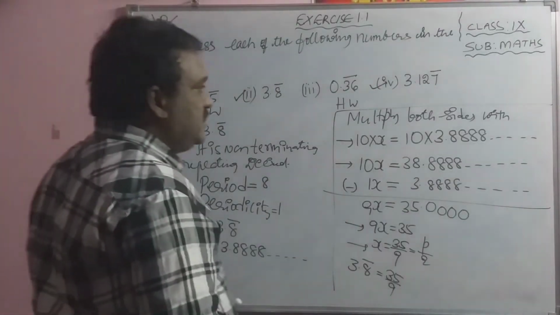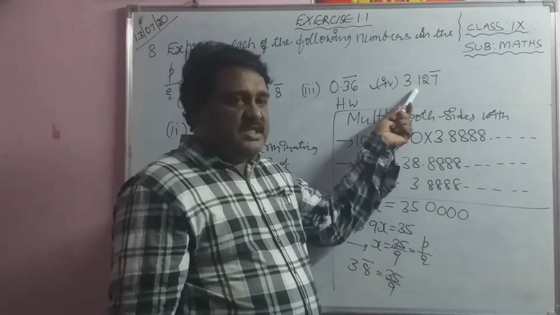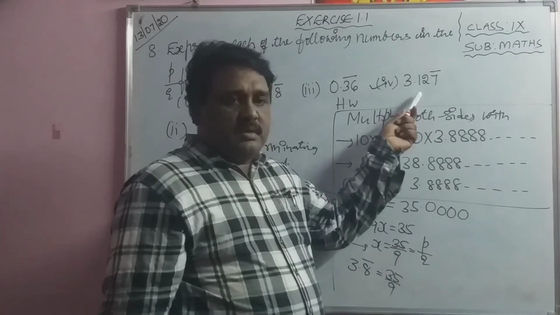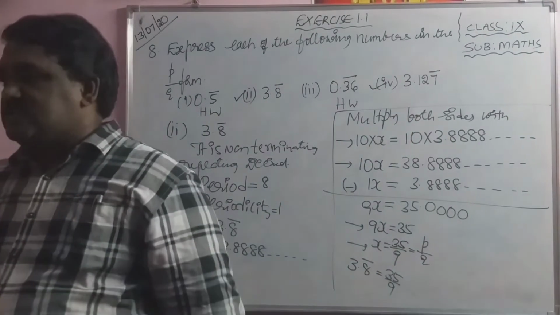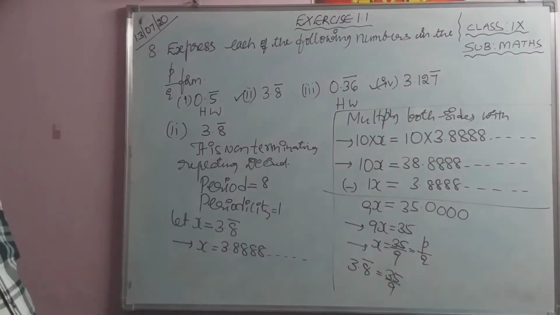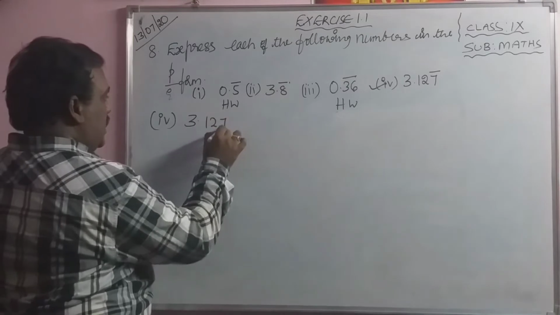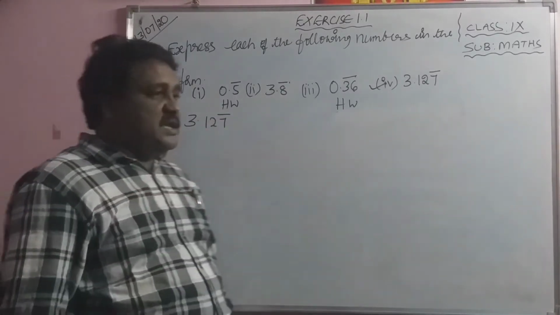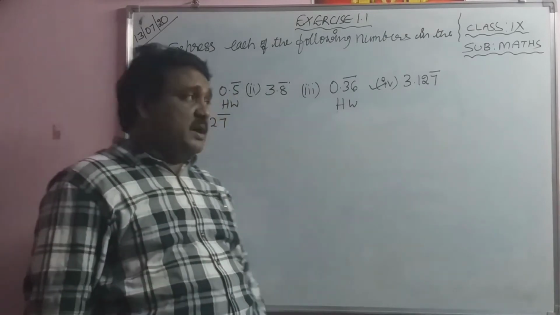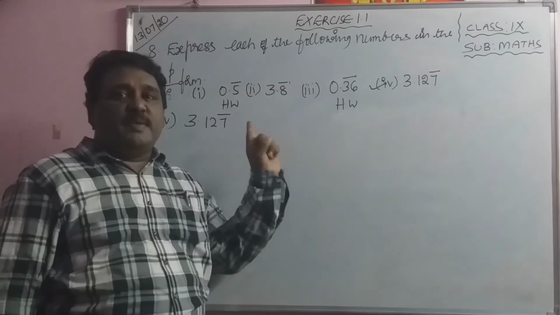Now what is the next one? The fourth one is 0.127 bar. Write 0.127 bar in the form of p by q.